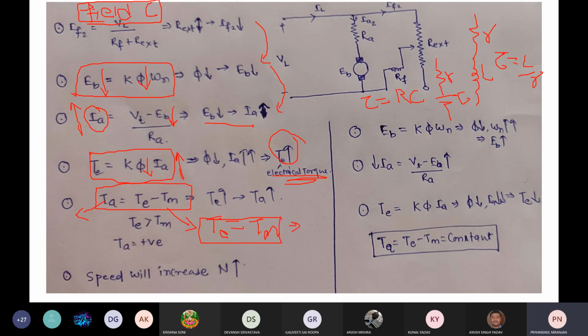If the difference between electrical and mechanical torque is positive, then speed will increase. If electrical torque is less than mechanical torque, meaning the difference is negative, then speed will decrease.